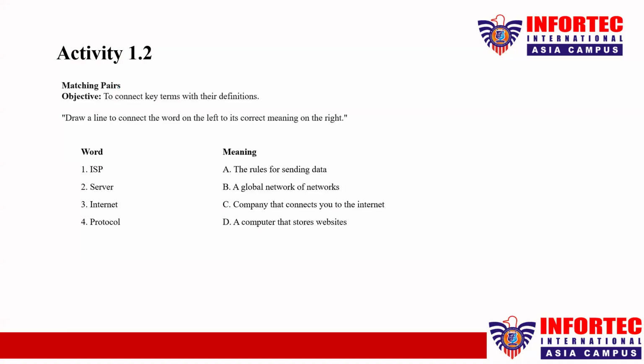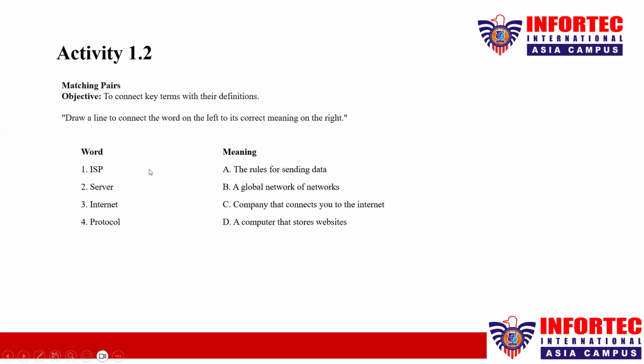So now you have activity 1.2. What you have to do here is select the correct meaning for the word. Here you have 4 words: ISP, server, internet, protocol, and then you have 4 meanings for those.